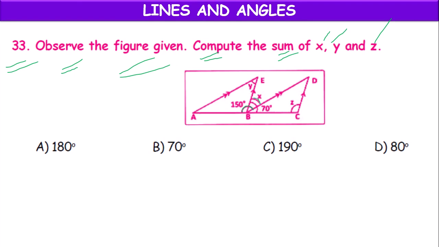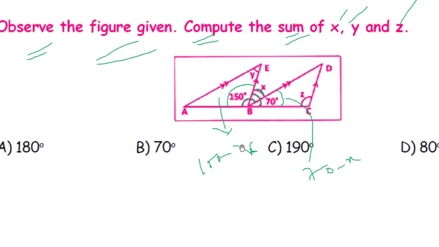This single part is x. So then only this part will become 150 minus x. And again, this total part 70, this part x. Only this part will become 70 minus x.